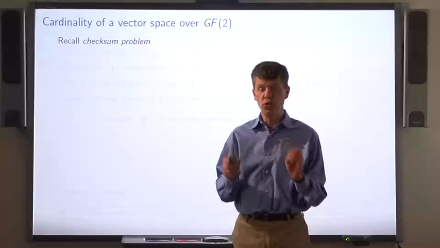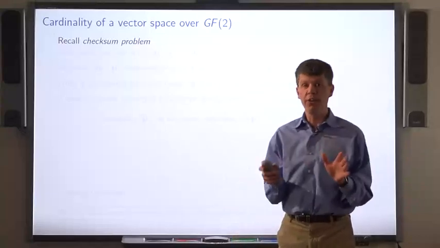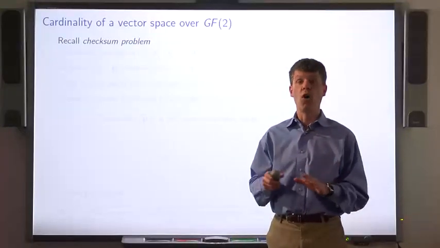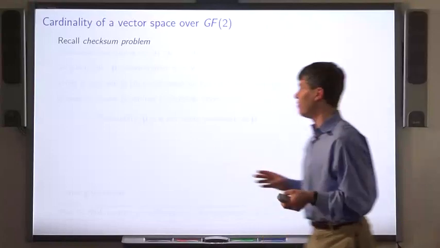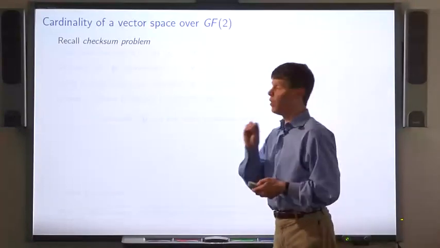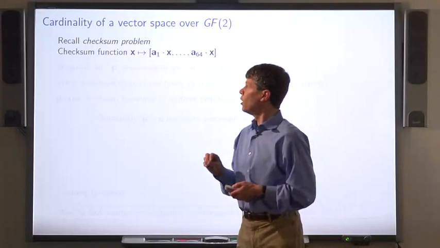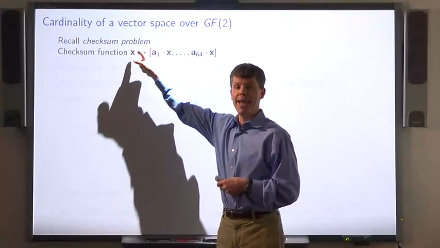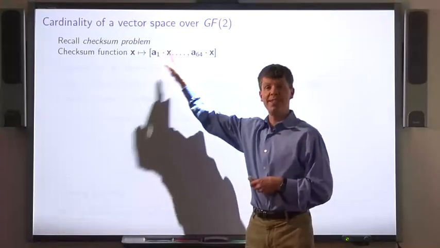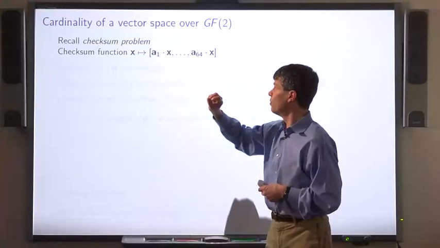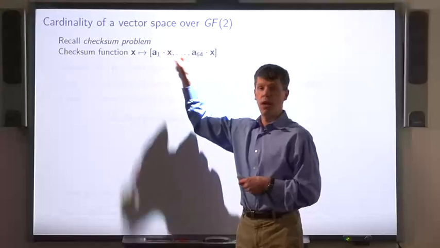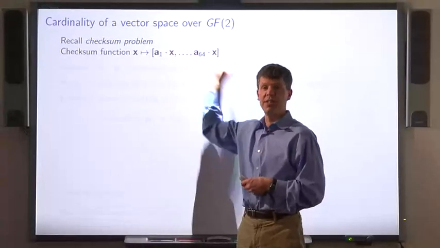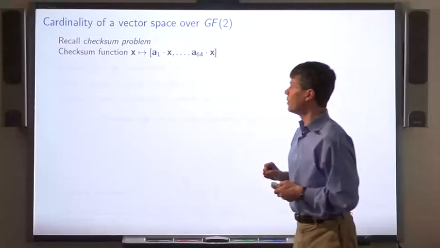Now we see how we can use dimension to argue about the cardinality of a vector space over GF2. So now we're working with vectors over GF2. You'll remember the checksum problem. The checksum function we used mapped an n-vector to a 64-vector over GF2, by taking dot products with 64 vectors.